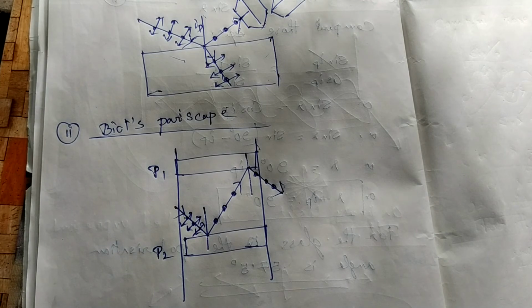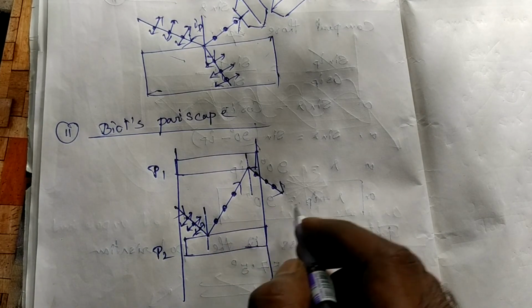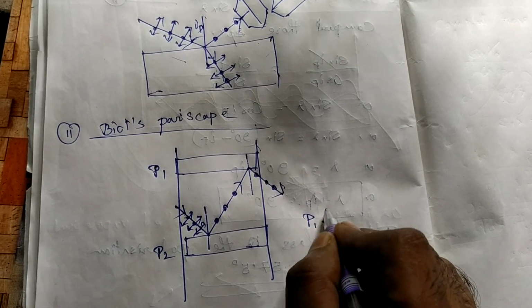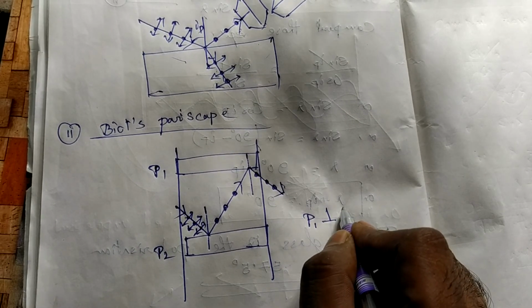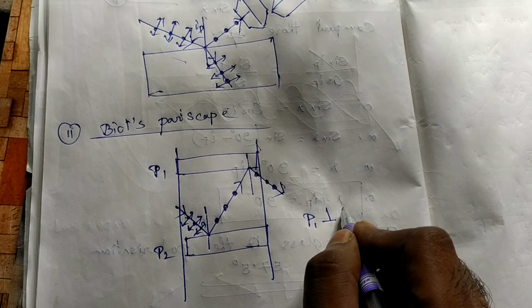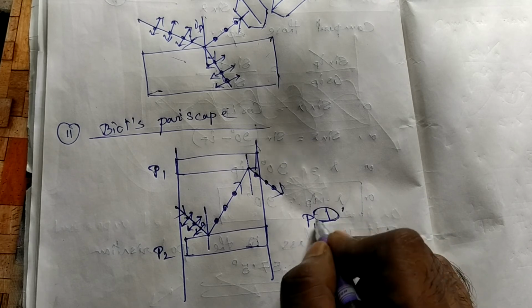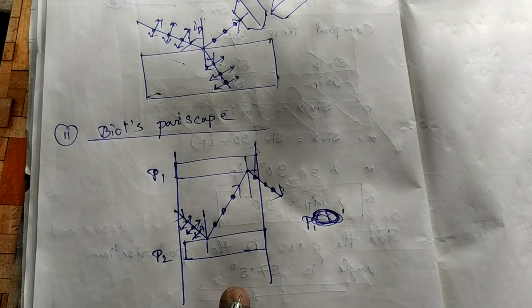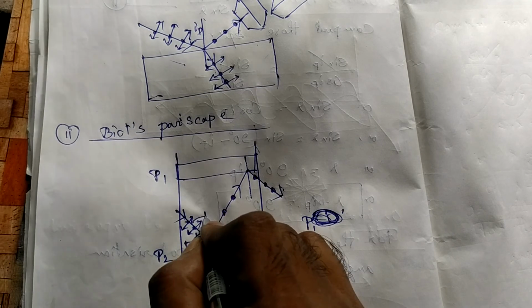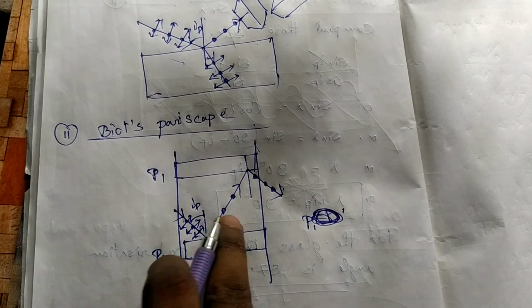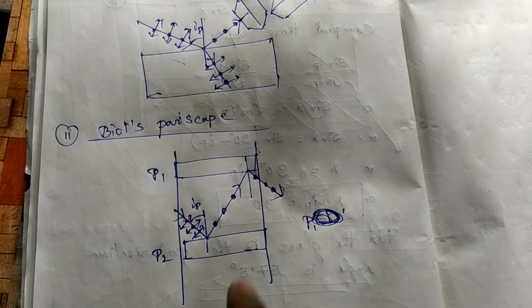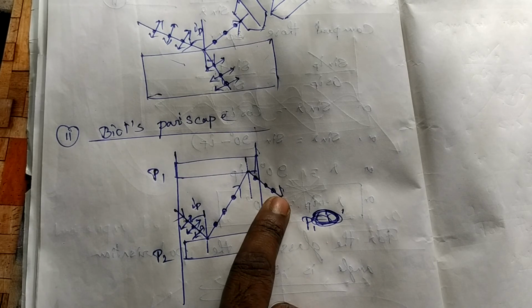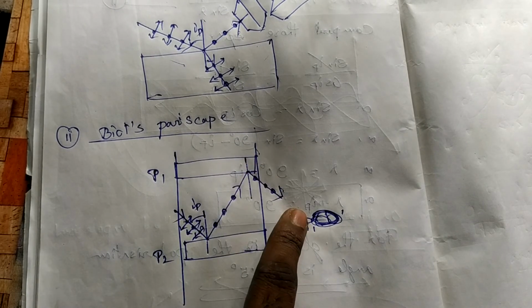Polarized light. When P1 is parallel to P2, and the angle of incidence is IP, then we can see the intensity of the light after the second reflection.